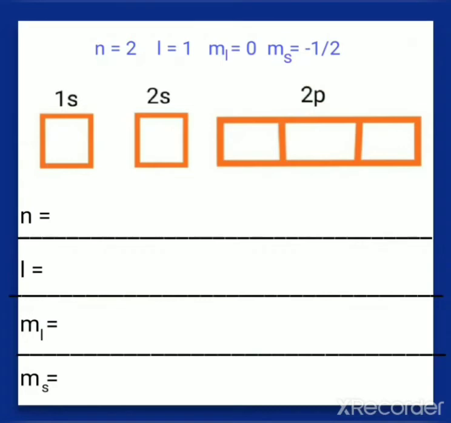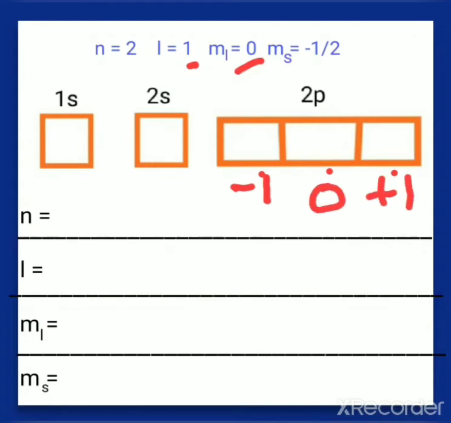But in the 2p we can find out that there are 3 boxes. So we need to find out where our electron is. For that we need the next quantum number, in order to identify the orbital. The value of ml is equal to 0. As we have discussed, the value of l is equal to 1, then ml is minus 1, 0, plus 1.